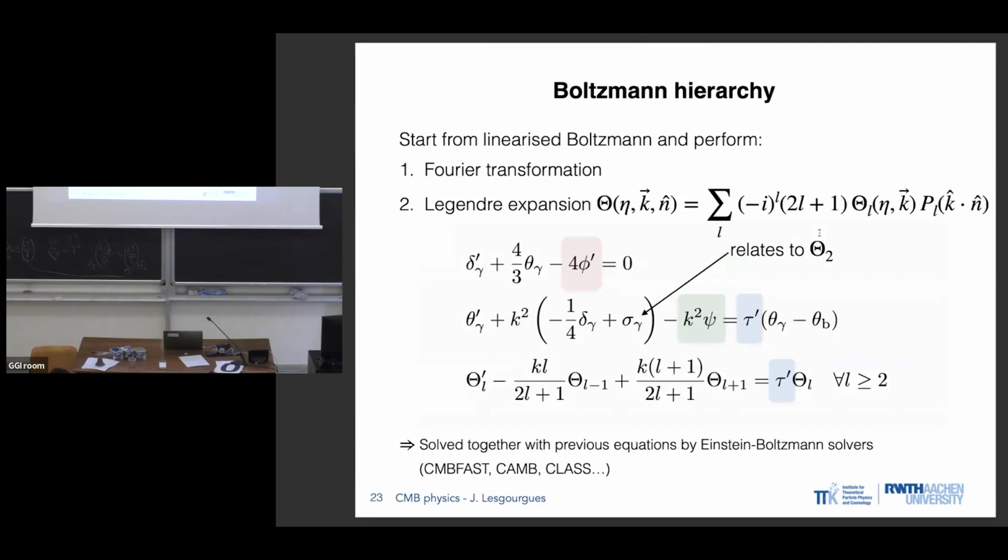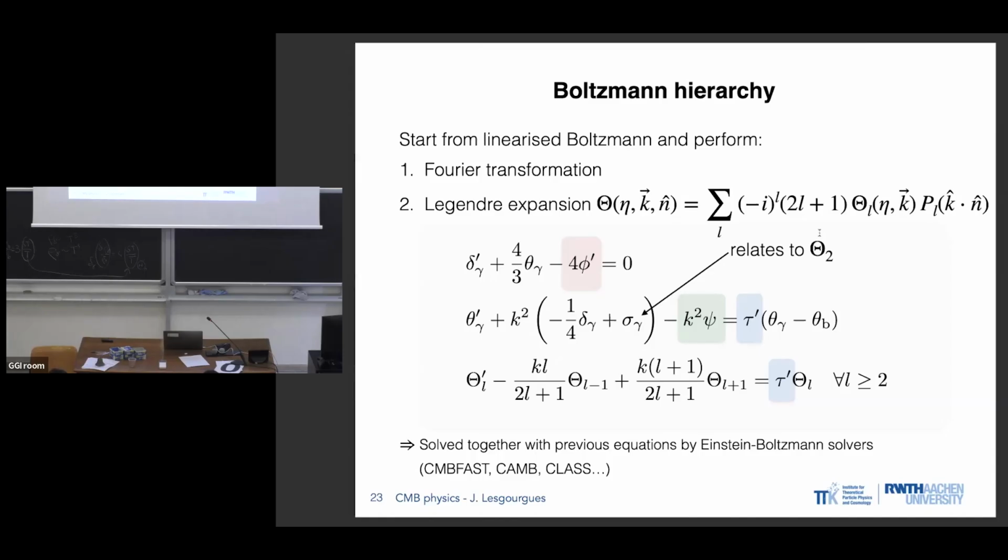Okay. Yes. So if you do this Legendre expansion, the coefficient of θ2 will be P2. And so P2 has the structure of a quadrupole. And before, what I told you is that the anisotropic stress sigma is a component of anisotropic pressure that has the structure of a quadrupole.